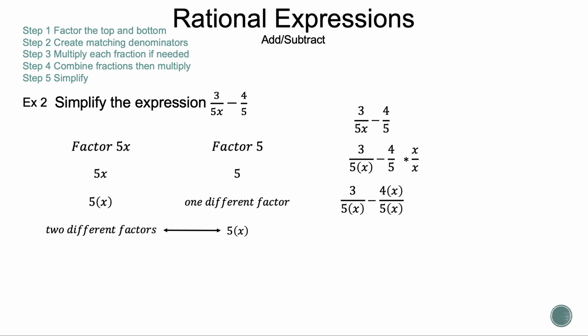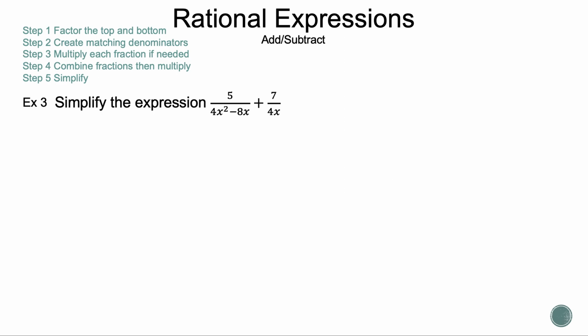What do we think is the next step? That's correct. We can combine our fractions since we have a common denominator. Now, we can multiply. In this case, we can just drop the parentheses. So now we have 3 minus 4x over 5x. That is example 2. Let's move on to example 3.